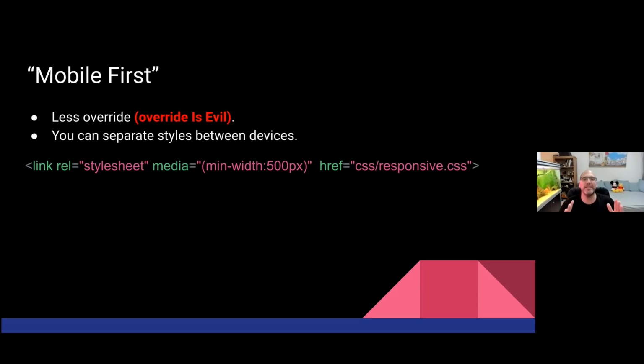And if we want to add another CSS for even bigger screens, we can load another CSS file, for example, with a minimum width of 1000 pixels. In this way, mobile devices will load a little bit less CSS, but I'm not using this method because it maybe creates slightly better performance, but it's very hard to maintain the code when we are separating the CSS files for different screen sizes.